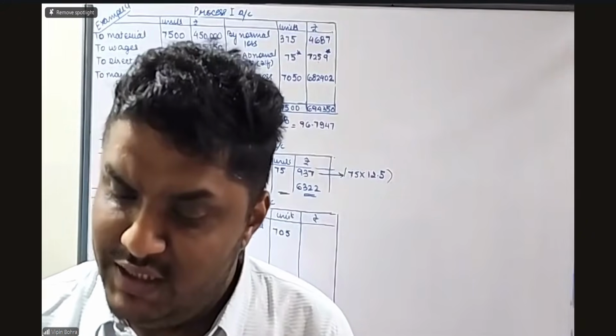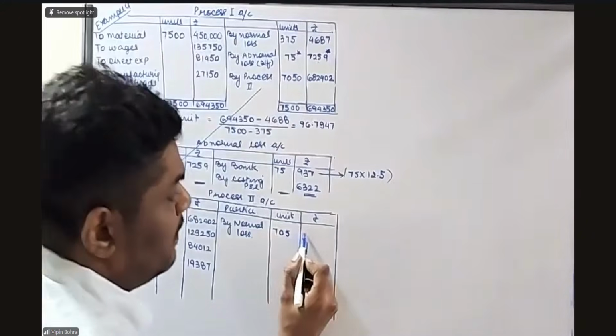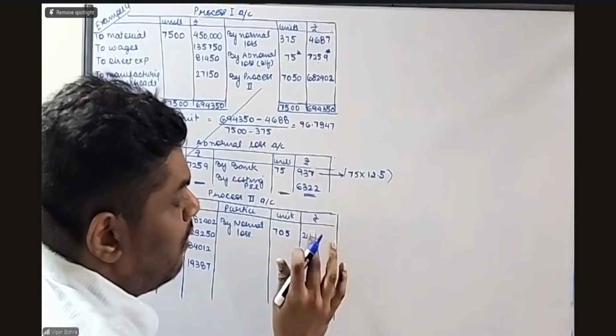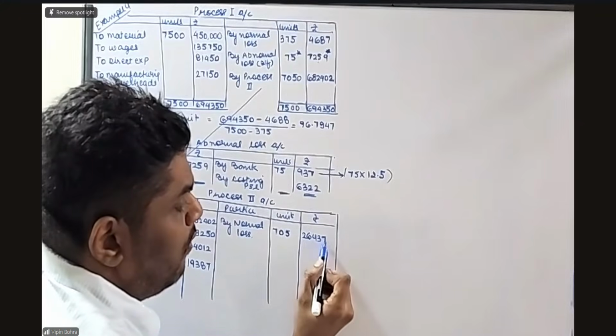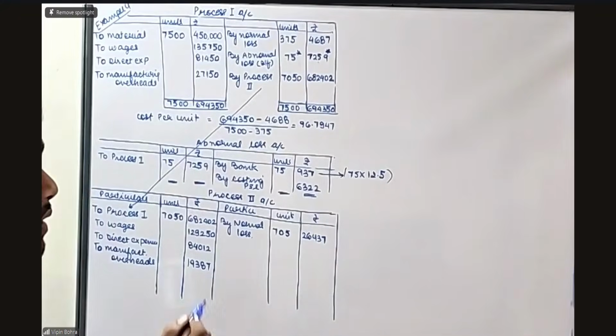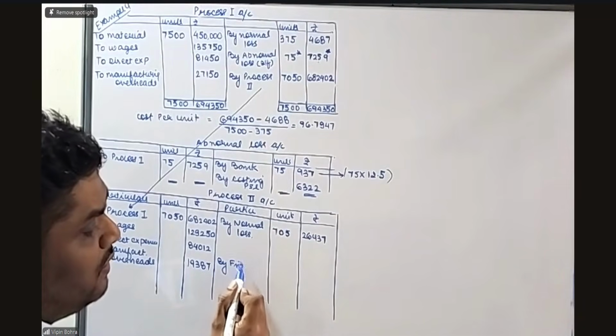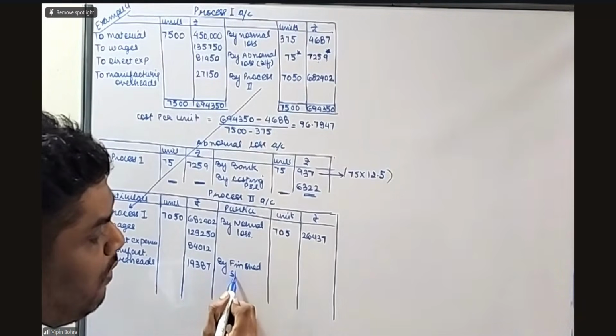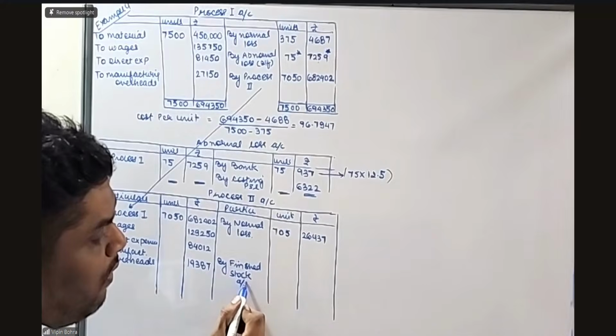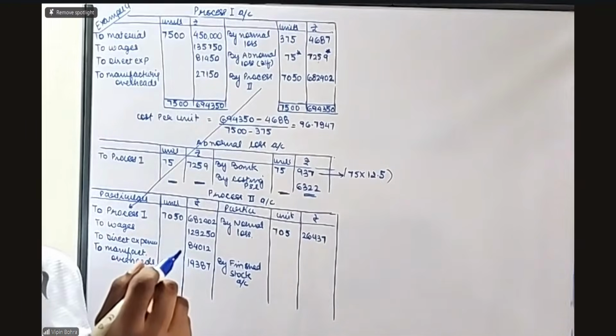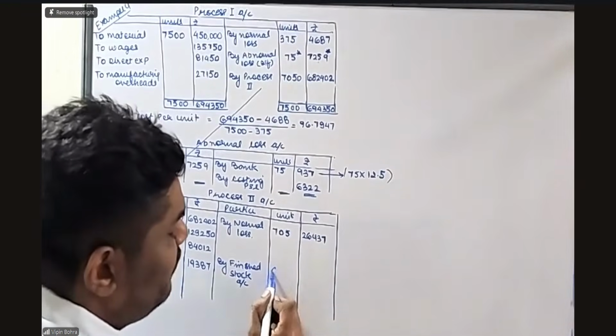So it is 26437. When talking about the output that is to be transferred to finished, the final output is 6525.